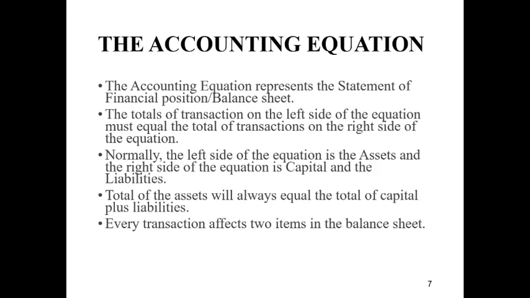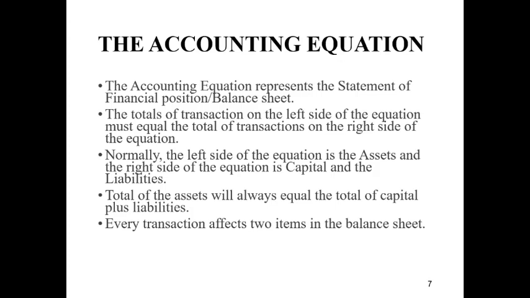That's what it means. Normally, the left-hand side of the equation is the assets and the right-hand side of the equation is capital and the liabilities. So this is the normal or general rule.